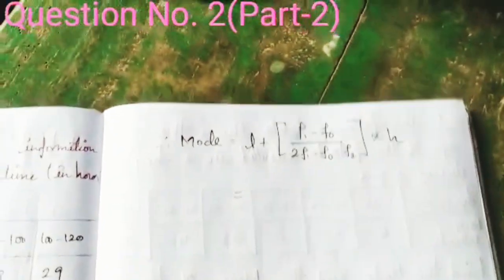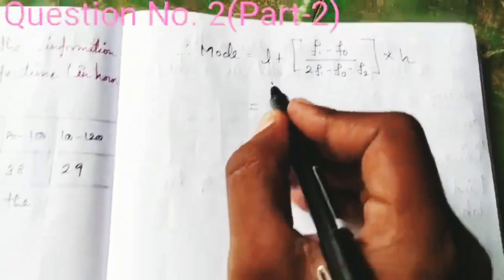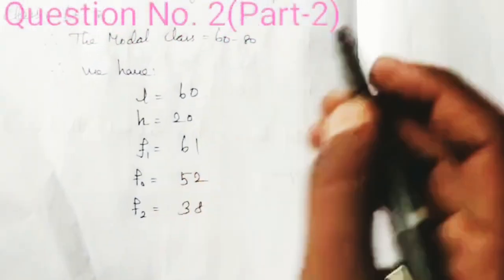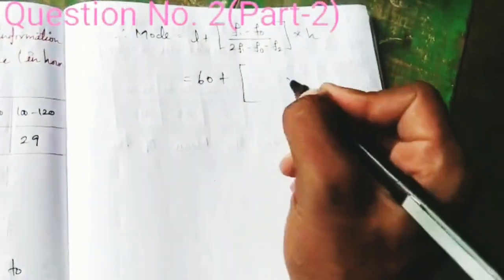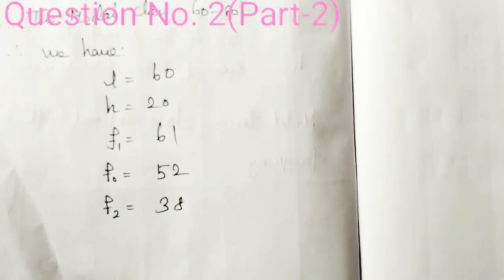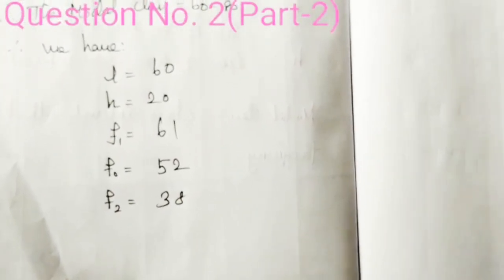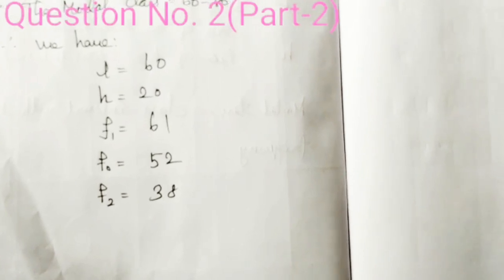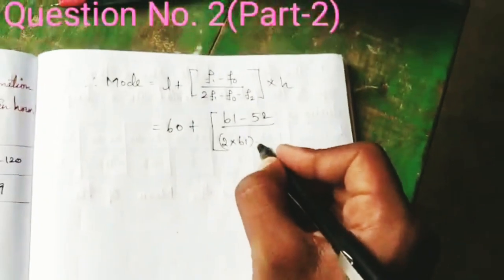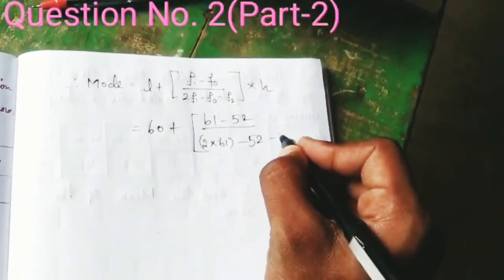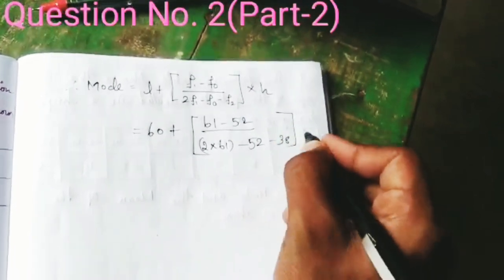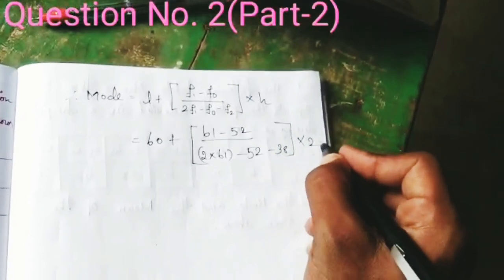L is 60, plus F1 is 61, minus F0 is 52, divided by 2 multiplied by F1 61, minus F0 52, minus F2 38, into H which is 20.